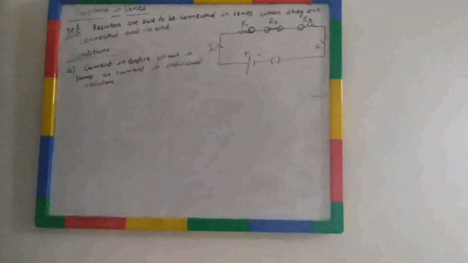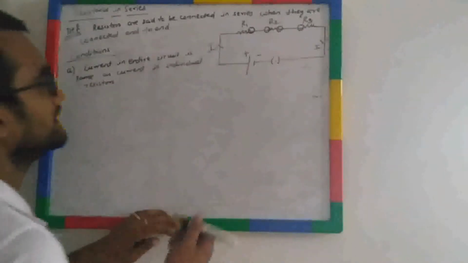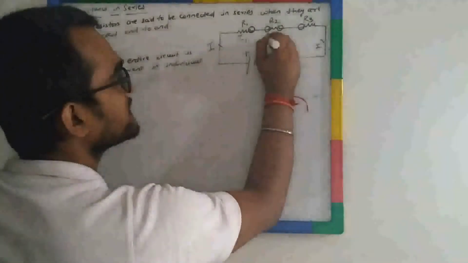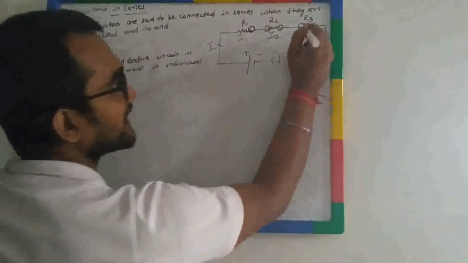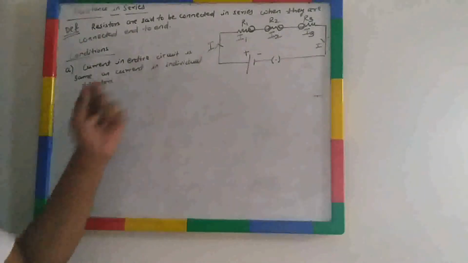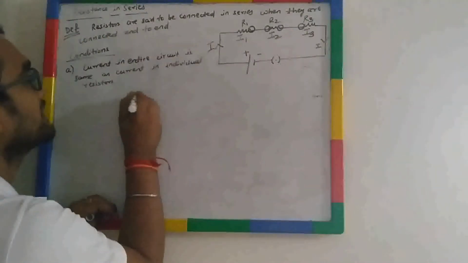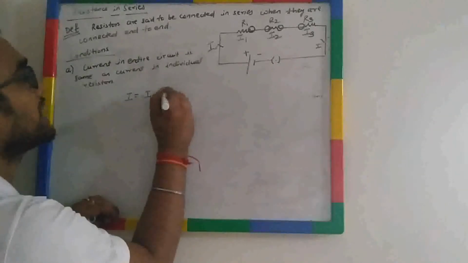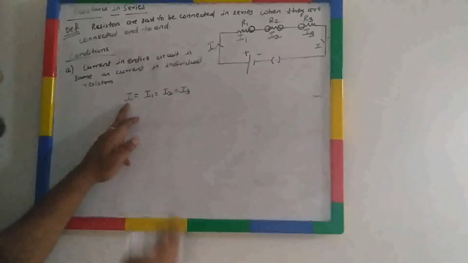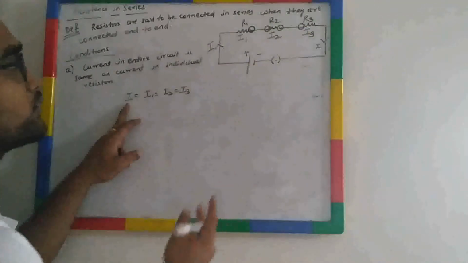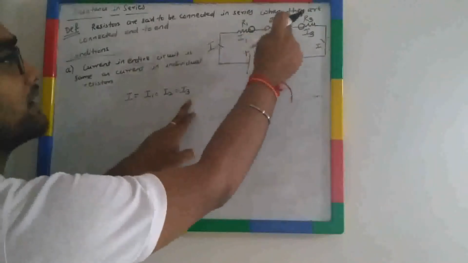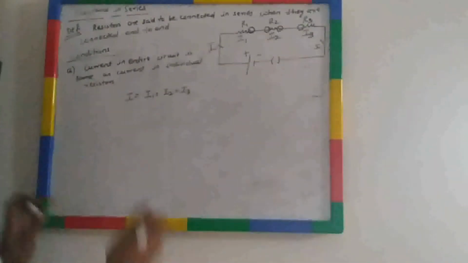According to this condition, let I1 be the current across resistor R1, I2 be the current across resistor R2, and I3 be the current across resistor R3. So the mathematical statement of this condition will be I = I1 = I2 = I3. That is, the current in the entire circuit is equal to the current in the individual resistors R1, R2 and R3.